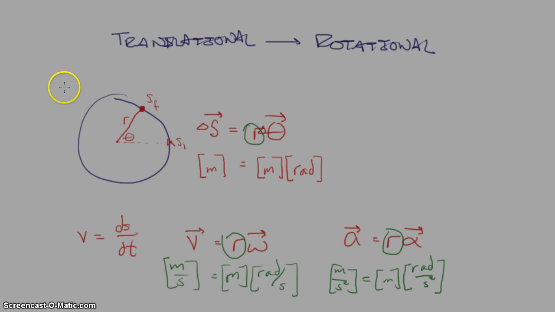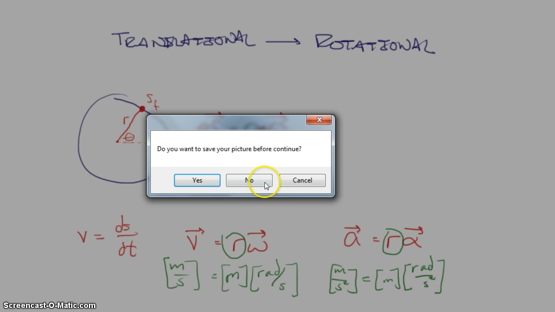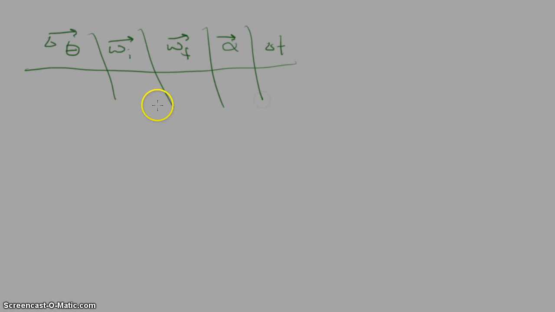All right, so how would a problem look? Let's take a look. Same strategies apply with the tables. So if you were given an initial velocity and a displacement and a time, you could solve for this thing.